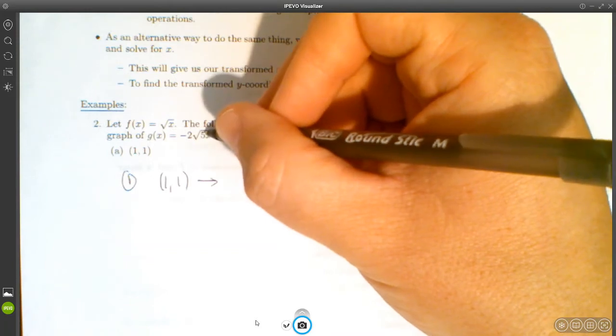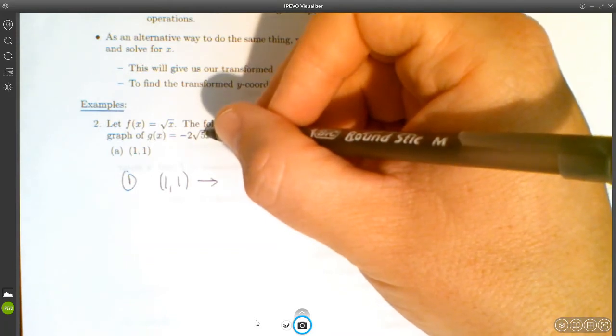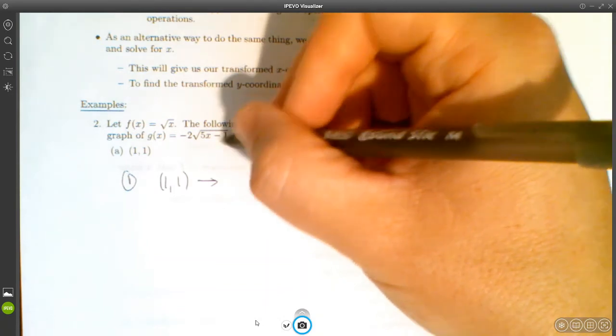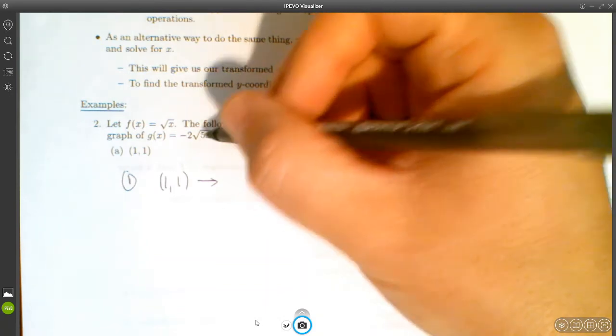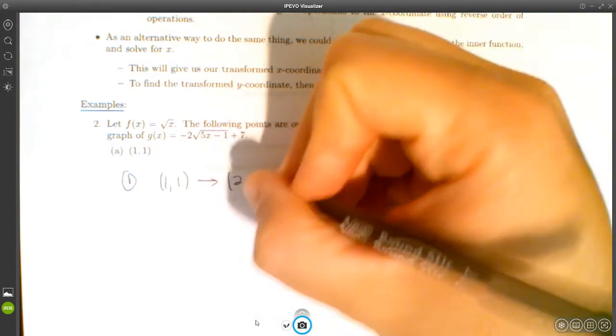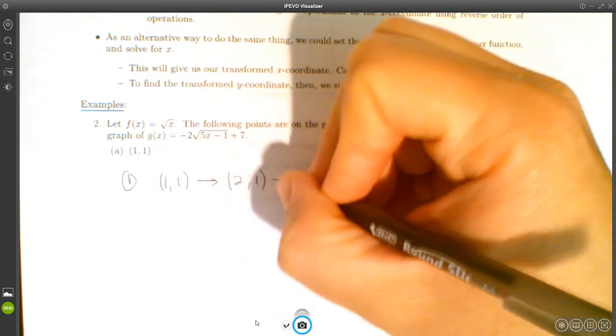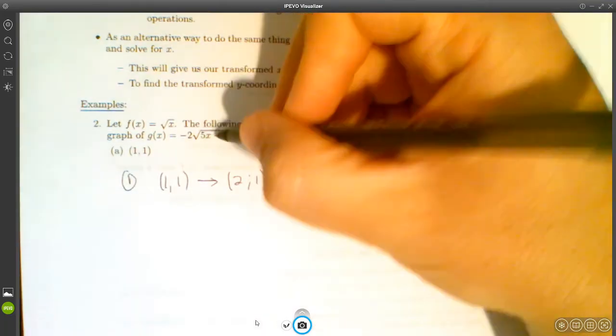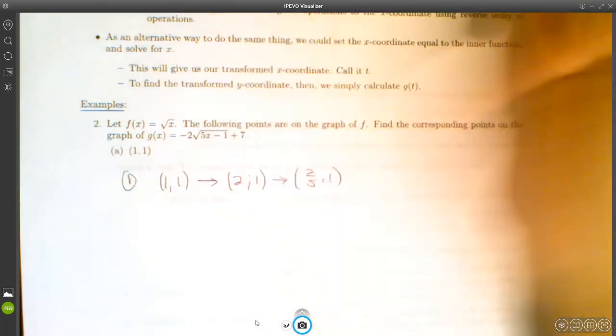So instead of multiplying my x-coordinate by 5 and then subtracting 1, I'm actually going to add 1 to my x-coordinate and then divide by 5. It's kind of weird. But I'm going to add 1 to my x-coordinate, then I'm going to divide by 5. That takes care of the transformation on the inside.